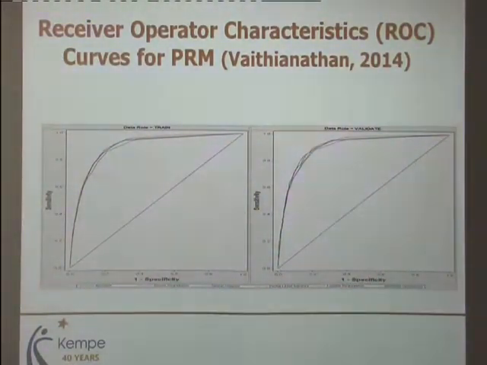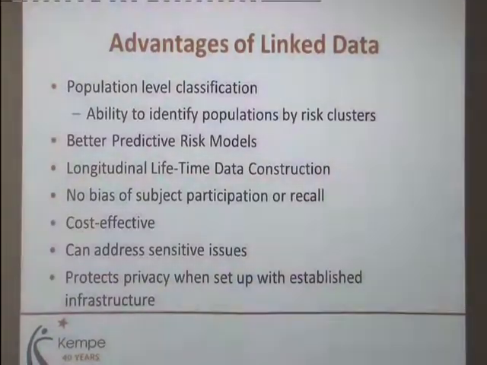That's another thing the predictive risk model could help with: identifying specific neighborhoods. So the advantages: the ability to do population level classification, better predictive risk models, and longitudinal lifetime data construction, so you're able to see what's going on with a family or a child through their lifetimes.